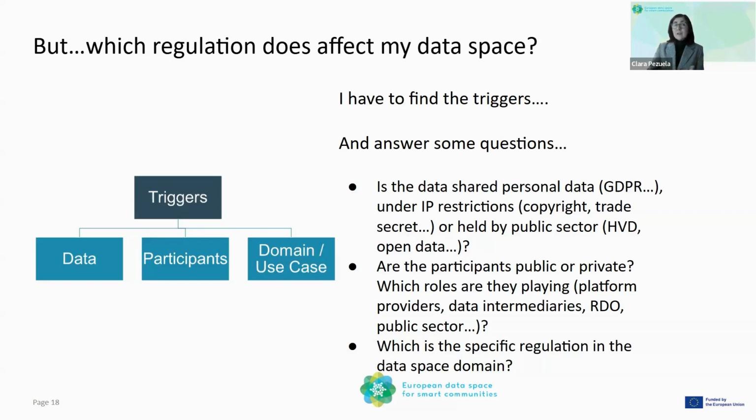Is it the environmental domain, because we are getting information from the environment and also measuring some of this impact in the city or in the region. So it's a bit challenging in the case of the smart communities data space, because it's very much cross-domain.